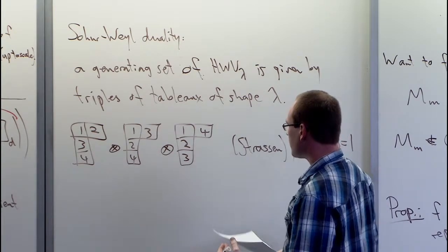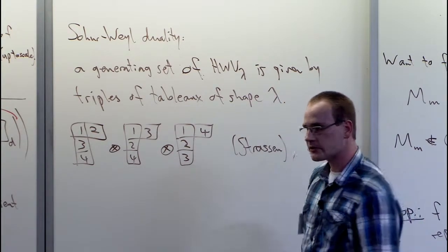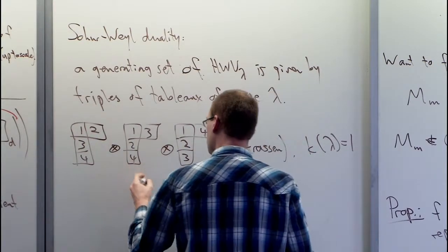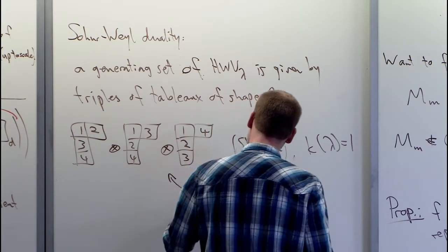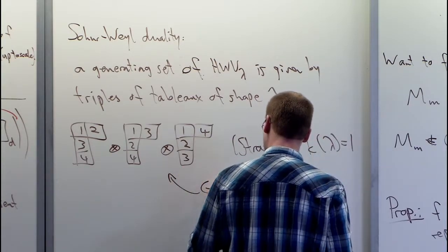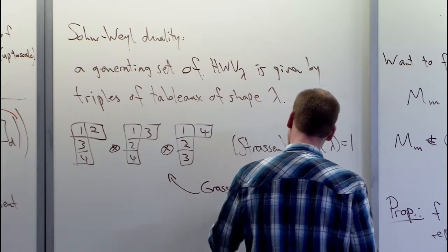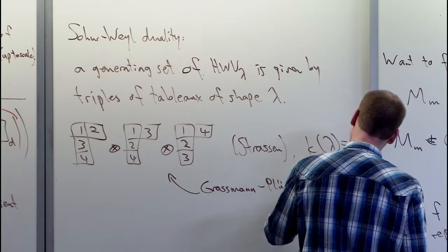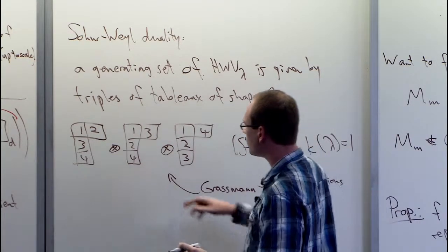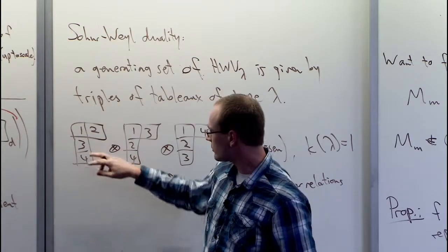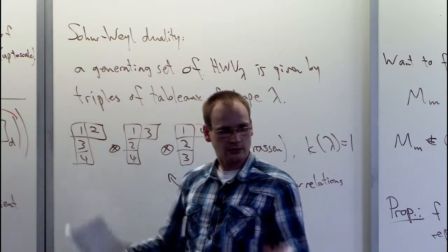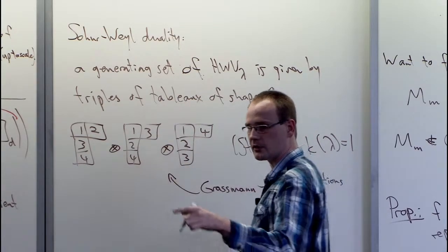I don't want to explain the whole Grassmann-Plücker relations now because I did that in the bootcamp, but we only need a single Grassmann-Plücker relation here. It is the one where, when you have a tableau, think of it as a vector, if you switch 2 boxes that lie in the same column, then the tableau switches sign. That's the only thing.